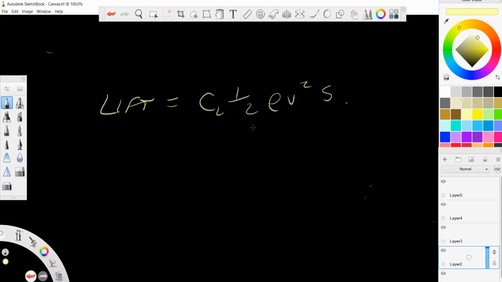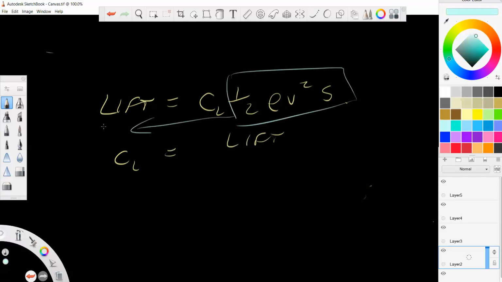But if you want to know any of the elements on the right, which I suppose are the most complicated, let's say we want to know what CL is, all you have to do is, well, we move everything else from this side. So we have to move all of this over to the other side, but of course it then goes underneath the lift. So we end up with CL equals lift over half rho v squared s.